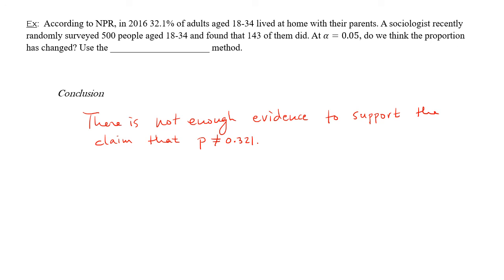So in other words, we get something of an inconclusive result here. Even though we were not able to accept the alternative hypothesis, we are not necessarily able to accept the null hypothesis either.